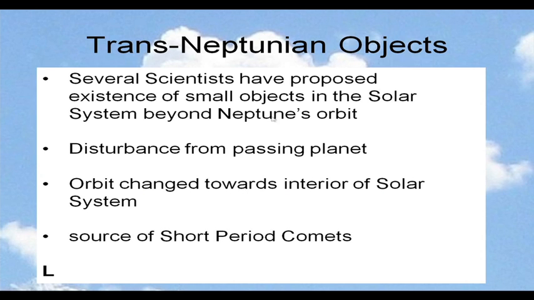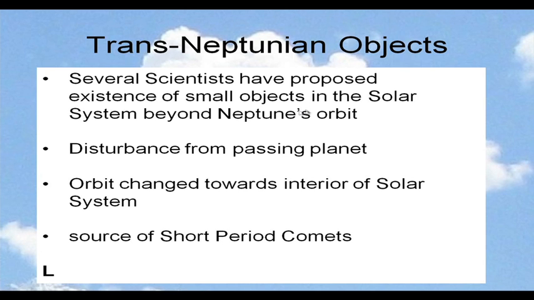Several scientists in the early and middle 20th century proposed that there are small objects in the solar system beyond Neptune's orbit, and these objects are called trans-Neptunian objects.